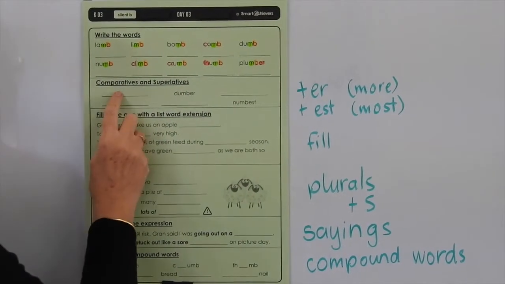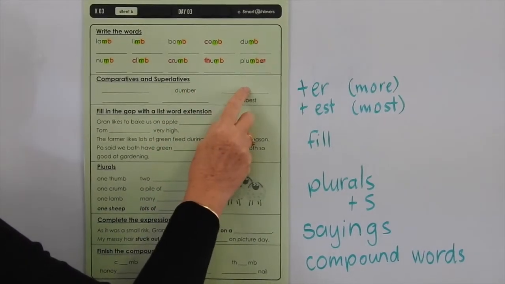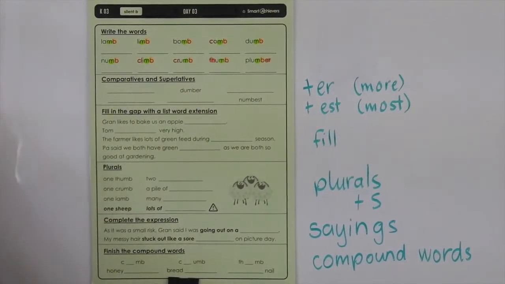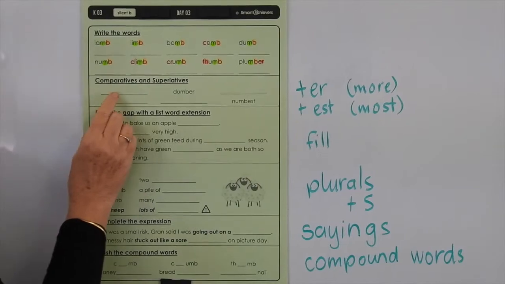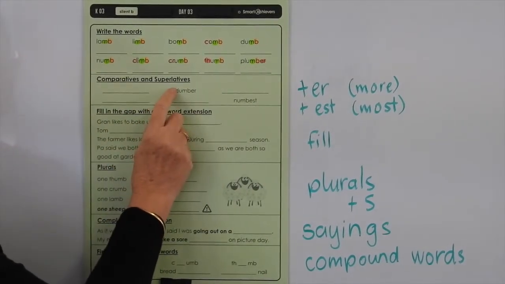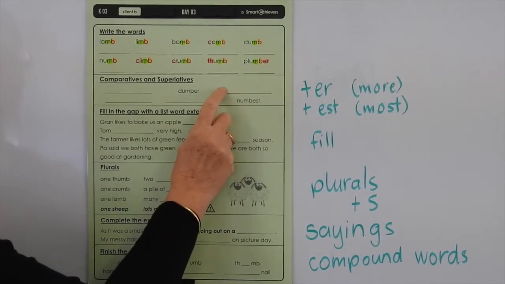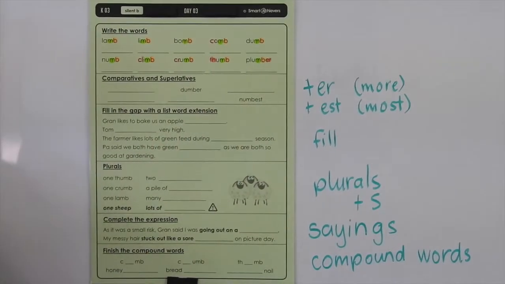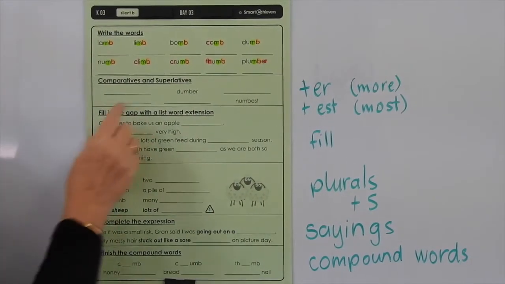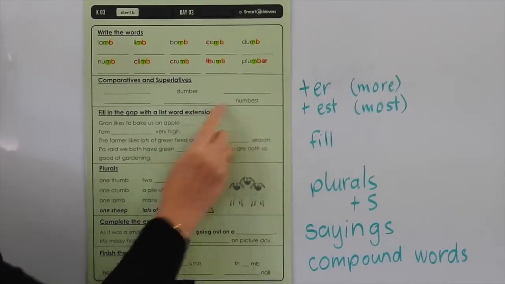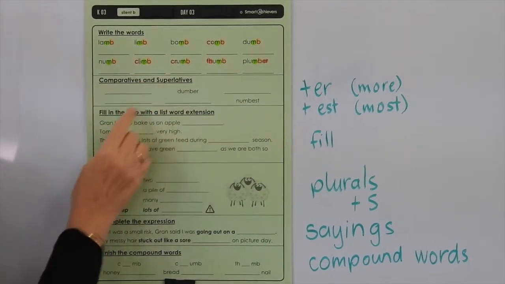So we would have dumb, dumber, dumbest. So you might say Dumbo the elephant was quite dumb. He was dumber than his friend. In fact, he was the dumbest elephant of them all. So you could add the ER and the EST for that comparative and superlative.